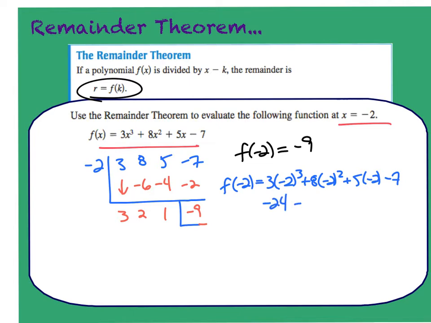And then I have -2 squared, which is 4. 4 times 8 is 32. 5 times -2 is -10. And then I still have minus 7 chilling. So -24 plus 32 is 8. 8 minus 10 is -2. -2 minus 7 is, OMG, what did I say it was going to be? -9. All right, so that's what the remainder theorem is. All right, pretty good? All right.